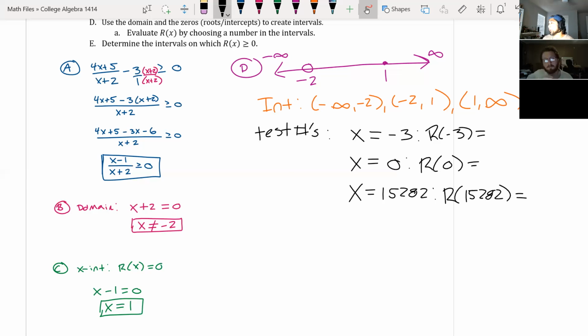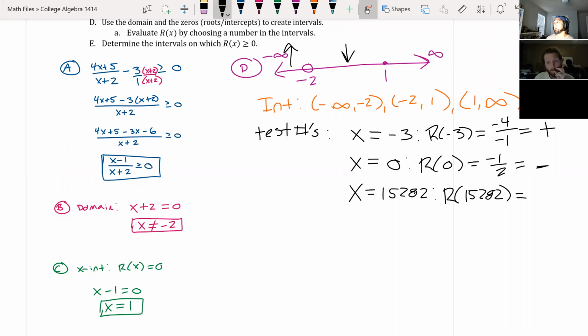If I plug in -3, no Desmos, okay? If I plug in -3, I'll get -4 over -1, which means we get a positive output. This means we are above.